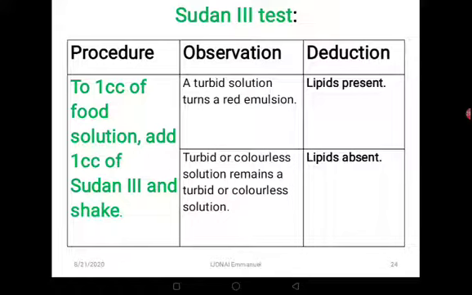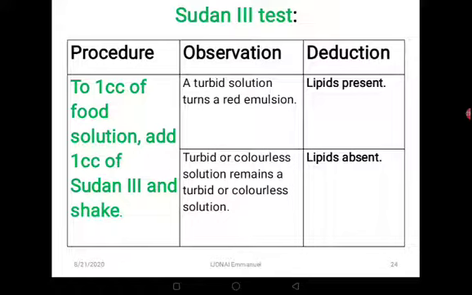So if you are the one writing this for yourself, you would say that 1 centimeter cubed of food test was added, 1 centimeter cubed of Sudan 3 dye test and shaken, because you are giving a reported speech of what you did.